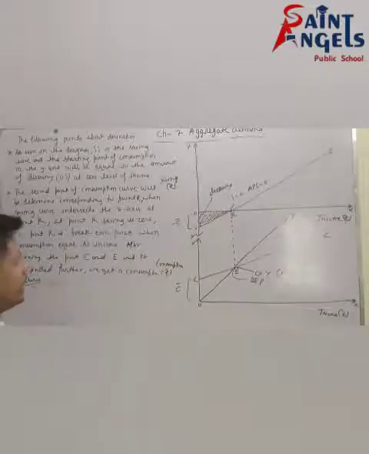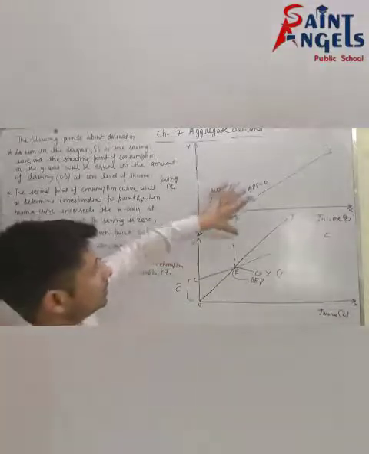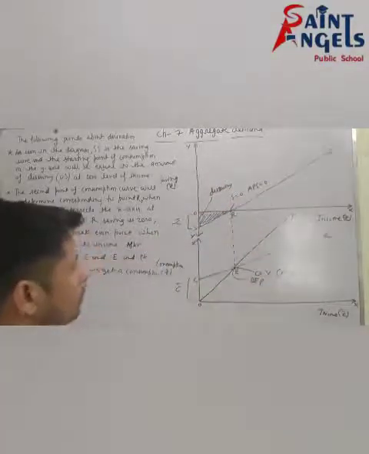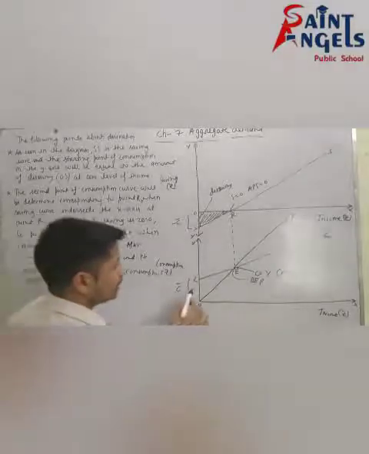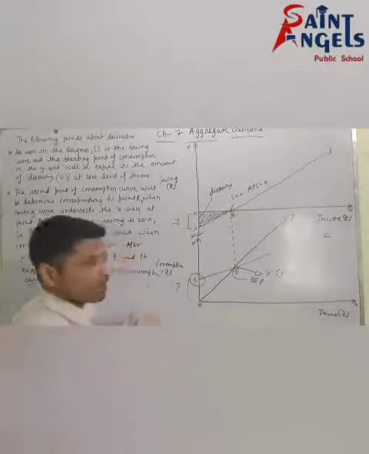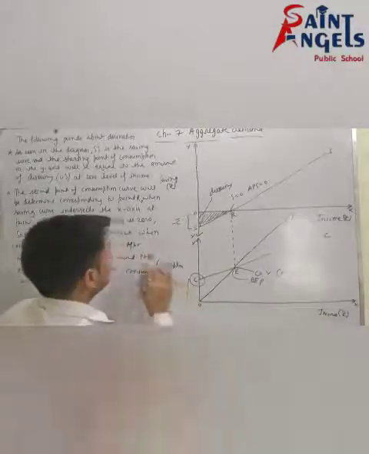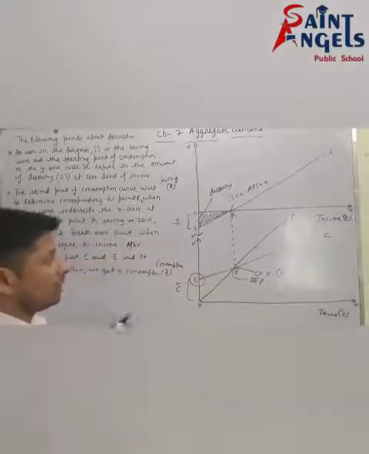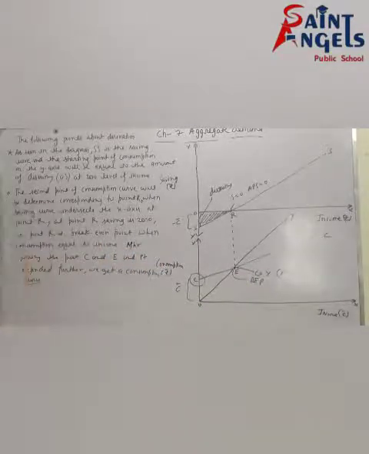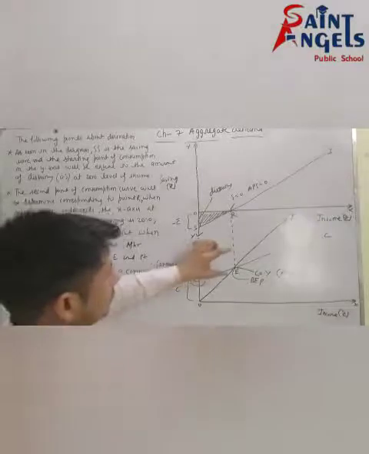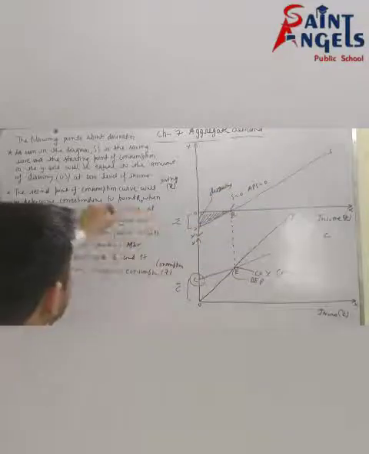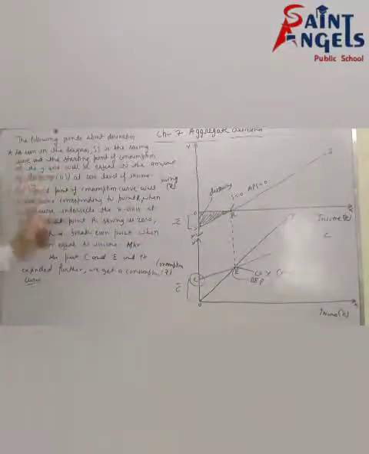This is the complete explanation of this diagram, the derivation of the consumption curve with the help of the saving curve. First you will explain the derivation of the first point, then in the second point you will explain the derivation of the second point, and then through these points you derive the curve diagrammatically. Please pause the video and note this down.